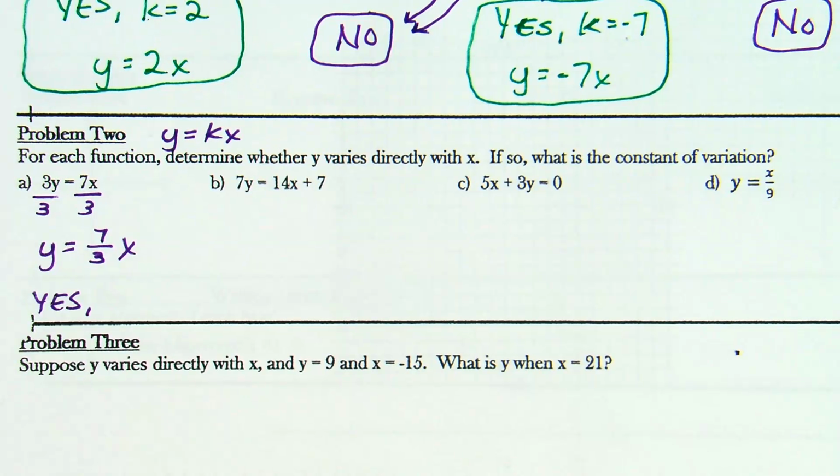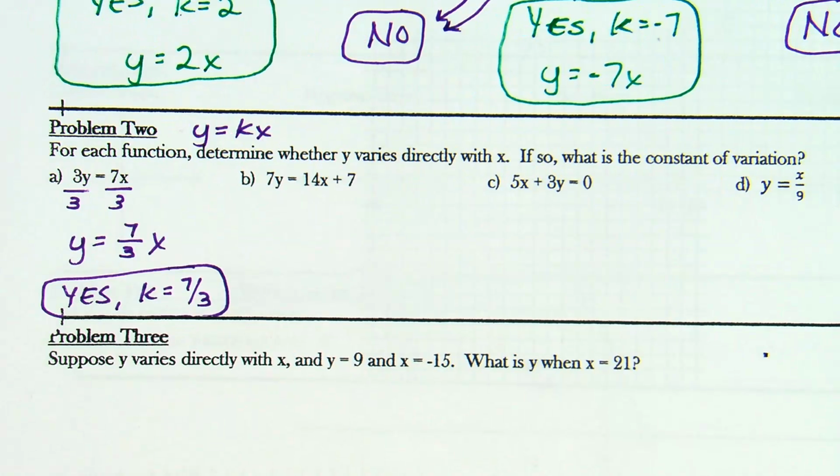Okay. B. 7y equals 14x plus 7. The question is, how do I make it y equals? So to get y by itself, divide by 7. If I divide the left by 7, divide the right by 7.